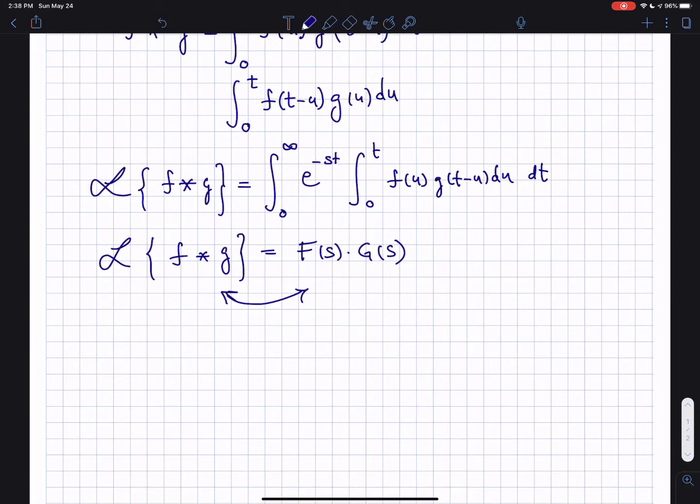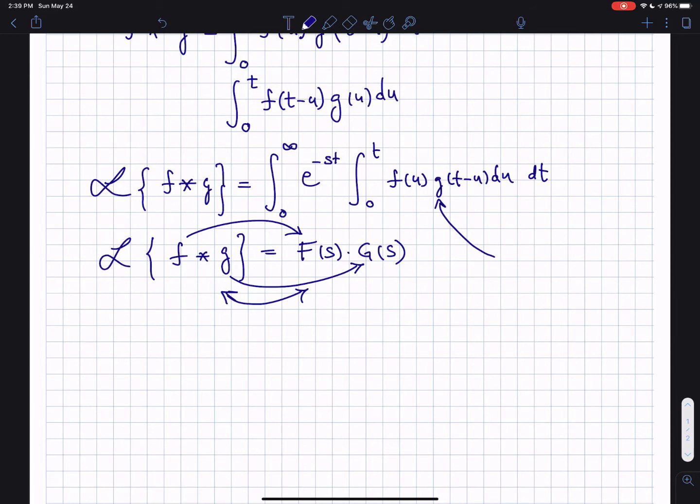And that's why it's so important. Why is that important? First of all, it's nice from a mathematical point of view, the symmetry here is incredible. If somebody says find the Laplace transform of a convolution, instead of doing this double integral, I could just find the Laplace transform of the first function, f, and the Laplace transform of the second function, g, and multiply them together, and there's my Laplace transform in the frequency domain.